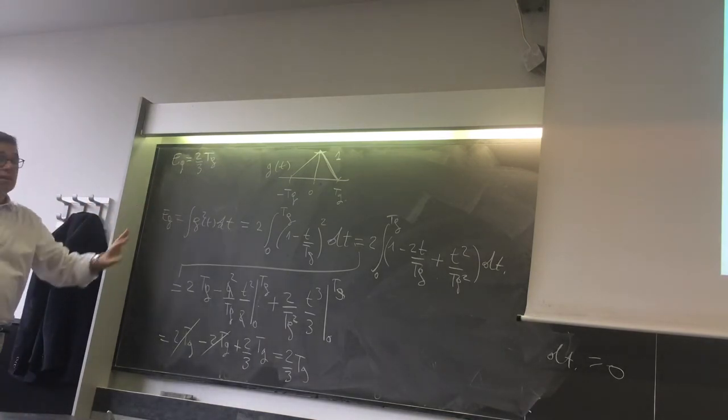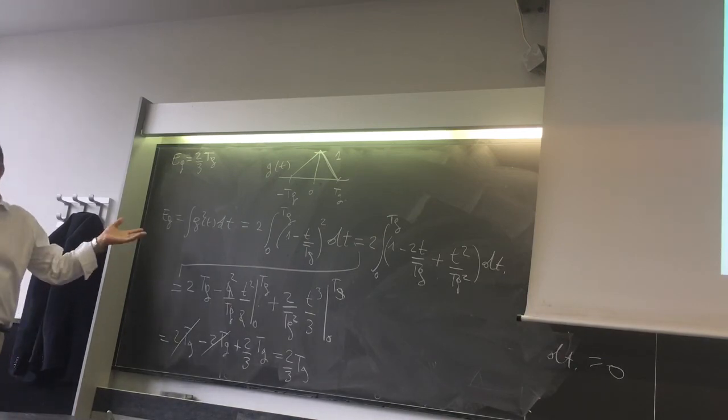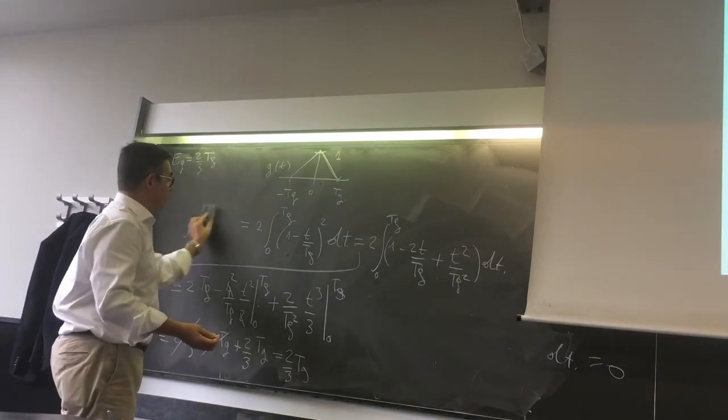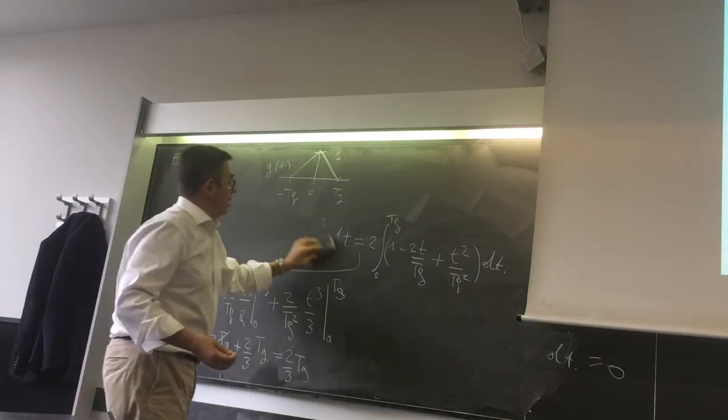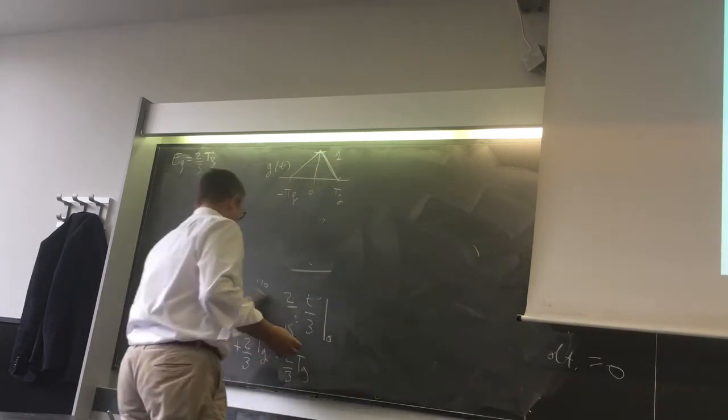Now I calculate the first entry. Is it clear? Nothing, okay? Just compute the integral. I could have done it before, this was easy. Now, let's compute the other part.